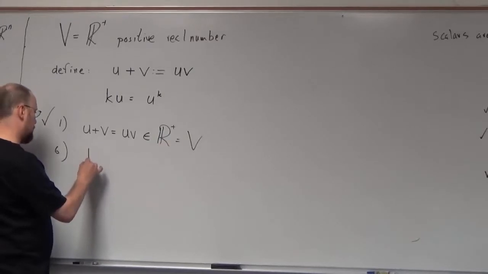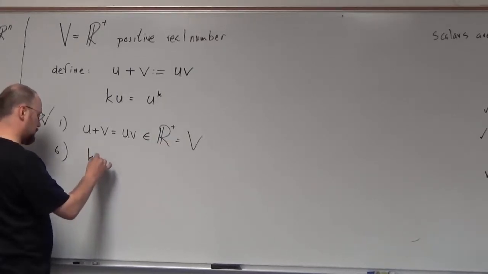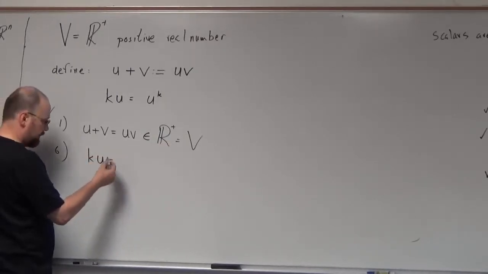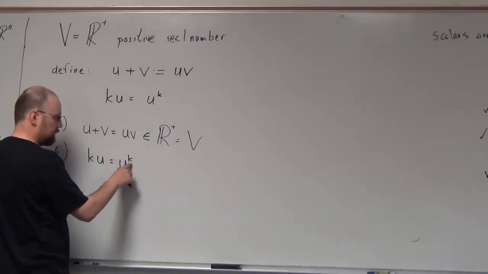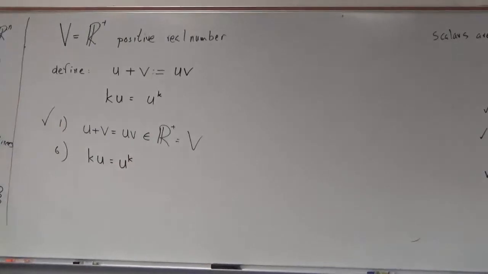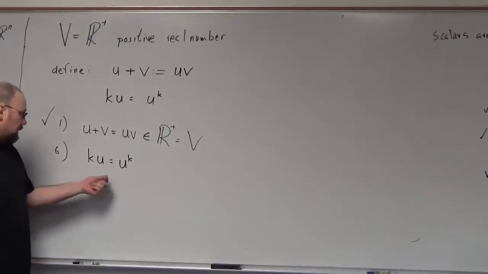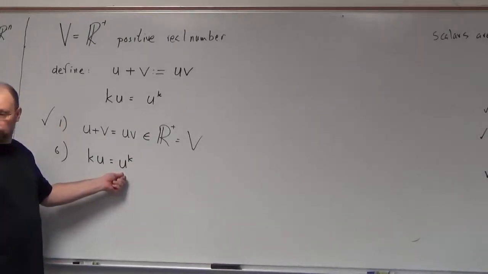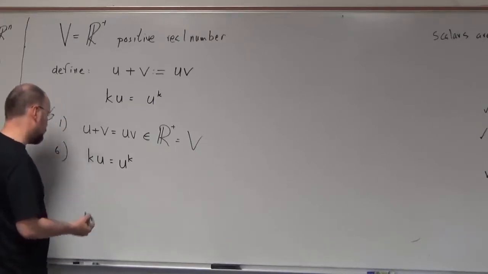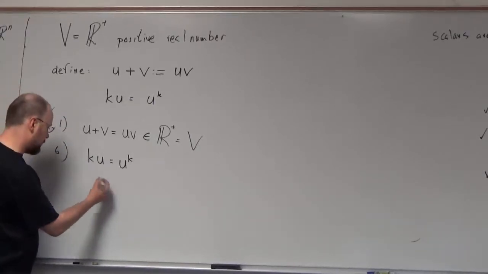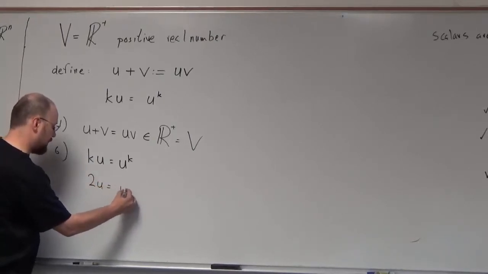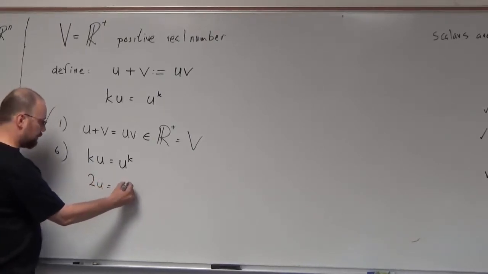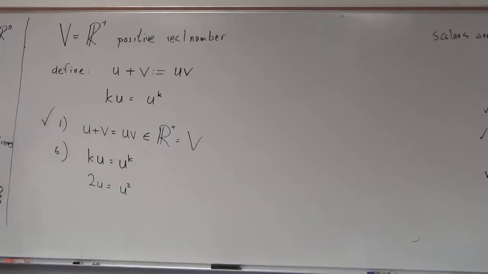So if you take any scalar, and we define the scaling here to be the positive number raised to the power k, this is always defined. And do we get a positive number? Sure. Suppose k is positive, let's say 2. Then you're just squaring a positive number, so you get a positive number.